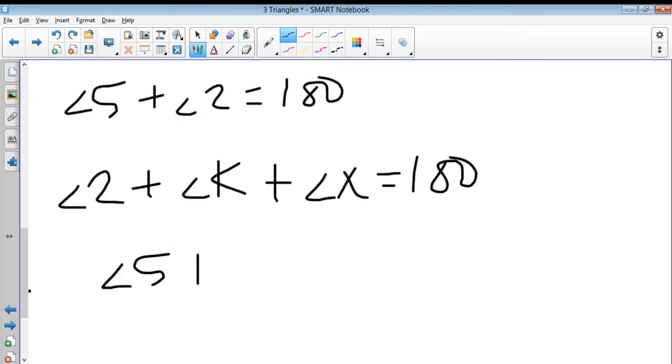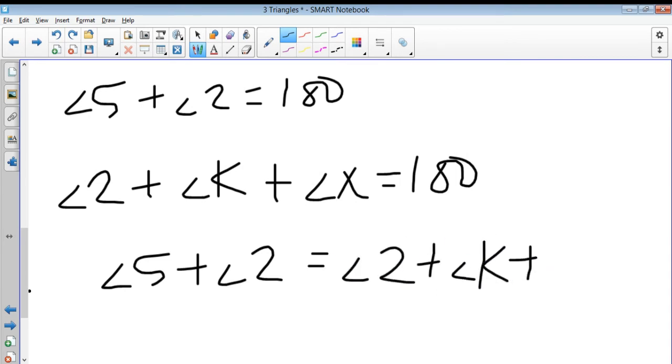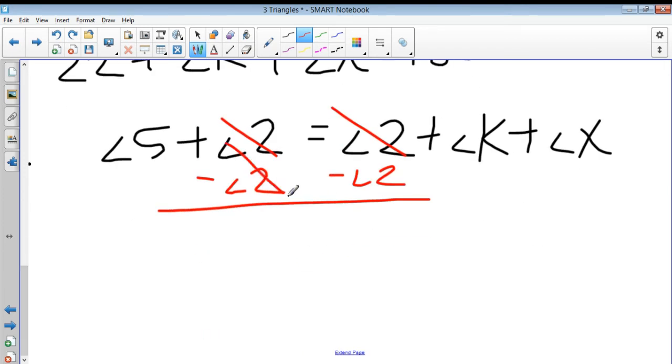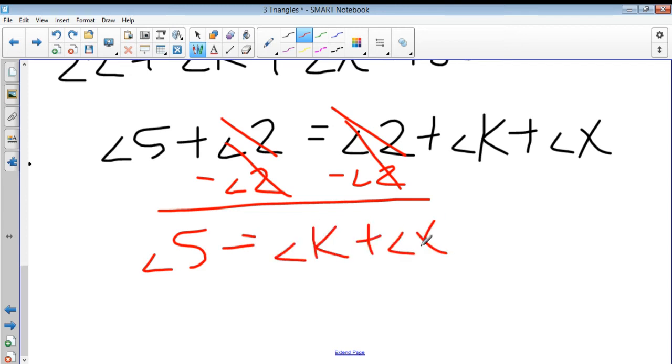So angle 5 plus angle 2 equals angle 2 plus angle k plus angle x, or angle 1. These two can be marked off, right? If we subtract angle 2 on both sides, they go away. So we get angle 5 equals angle k plus angle x.